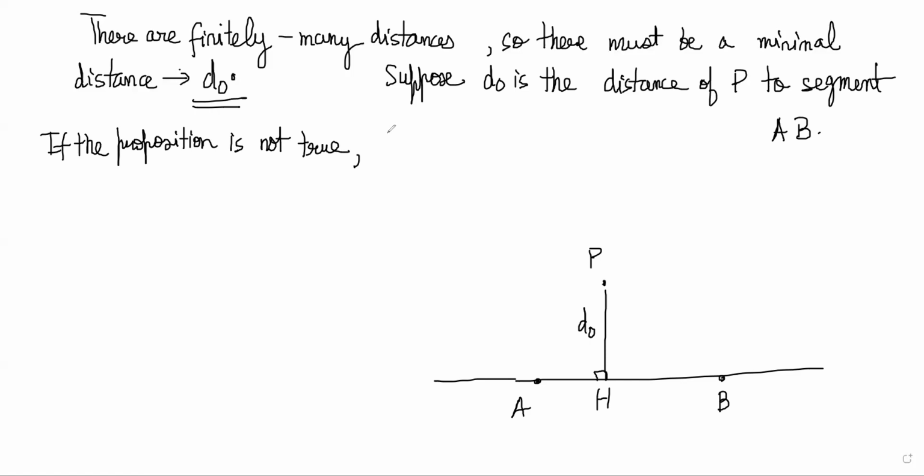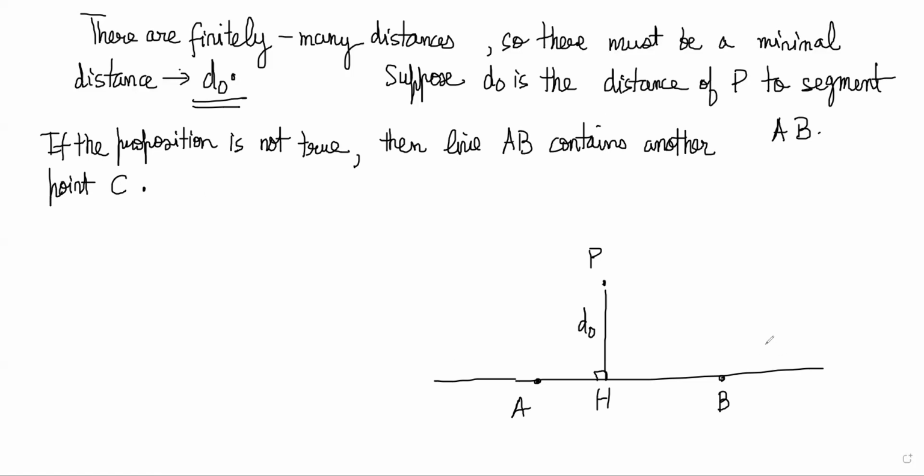So then line AB must contain another point C from the original set of points.